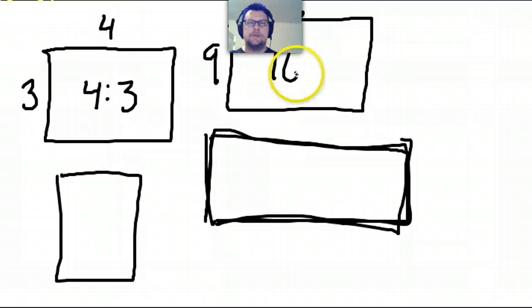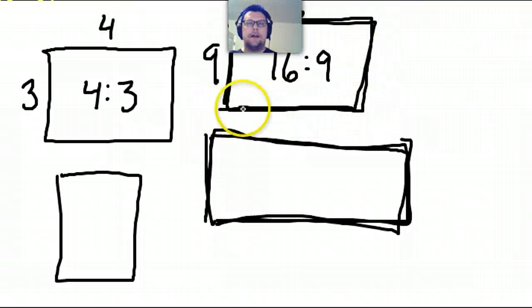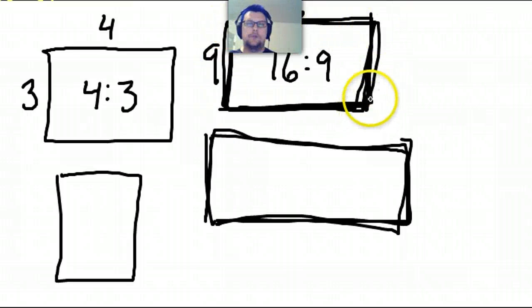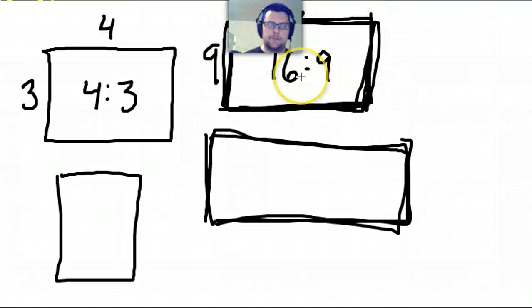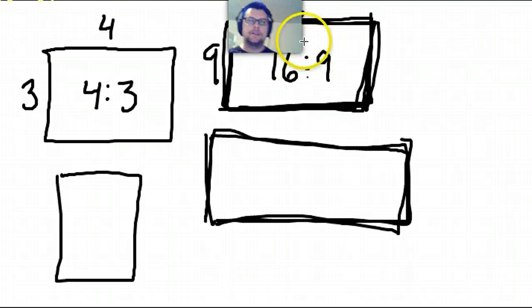So this is 16:9, and this is the aspect ratio that high definition television and high definition video are shot in and presented. And that's had a bleed over effect back into cinema. A lot of films that are released into the movie theaters, they know that it's going to come out on DVD and Blu-ray and all these things. So a lot of times they'll just shoot it at 16:9 and call that good enough.